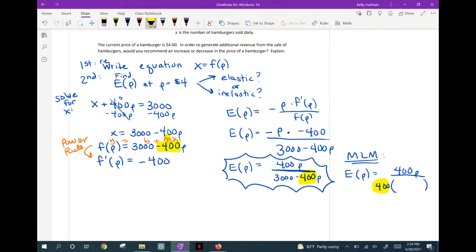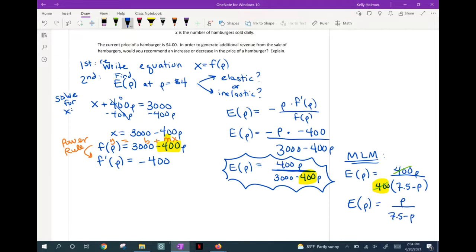So you do 3,000 divided by 400, and that comes out to be 7.5, minus 400 divided by 400, which is 1p. Instead of factoring out a GCF, they factor out whatever coefficient is in front of the p, and then they divide those off. So my math lab would end up using p over 7.5 minus p.